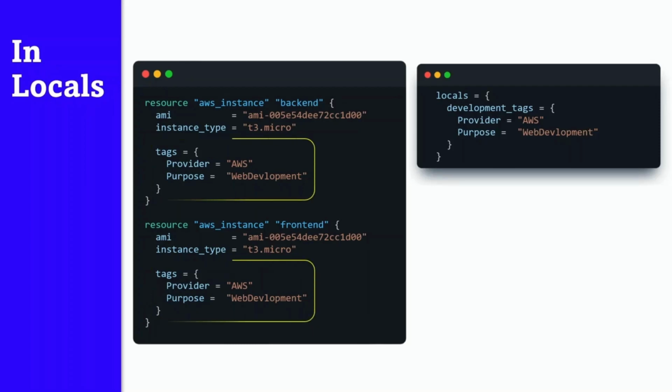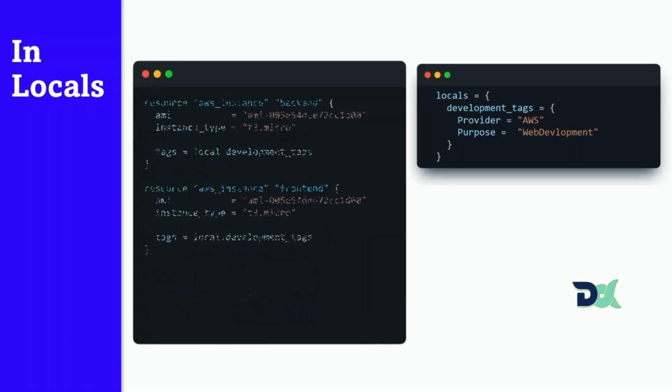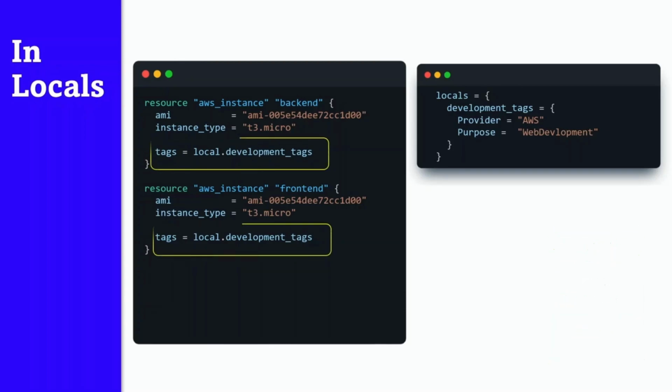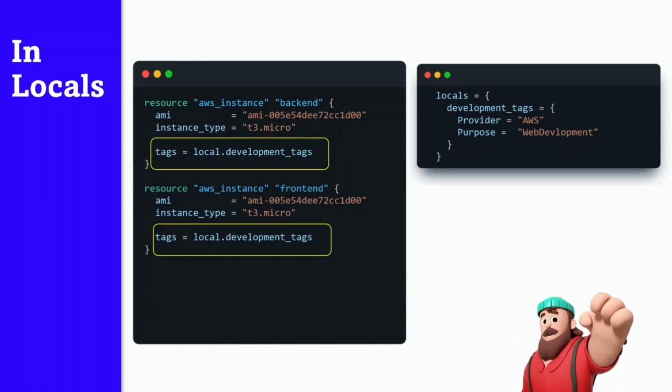So we assign a name to this entire expression, and wherever that expression is being used, just like a variable, we use its name. So this is how our concept of local values works in Terraform. It's just like variables. I hope you have understood it theoretically through this explanation.